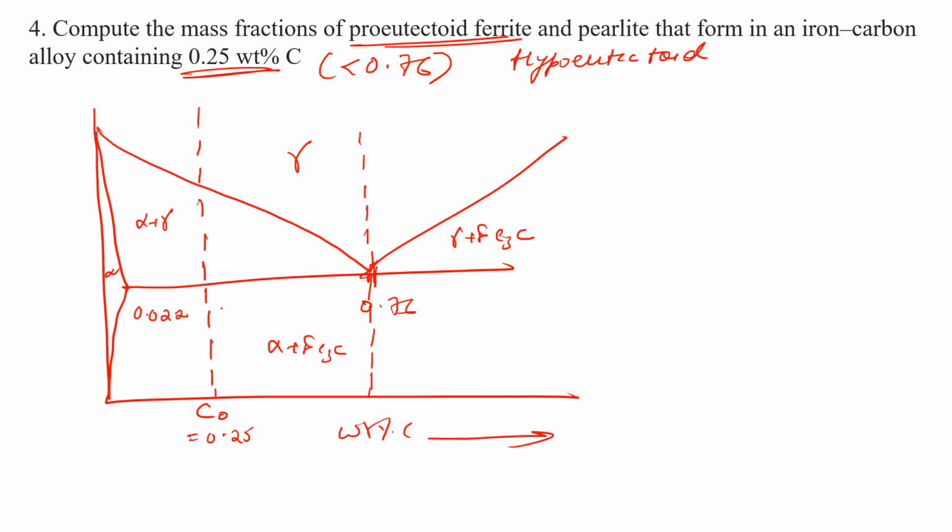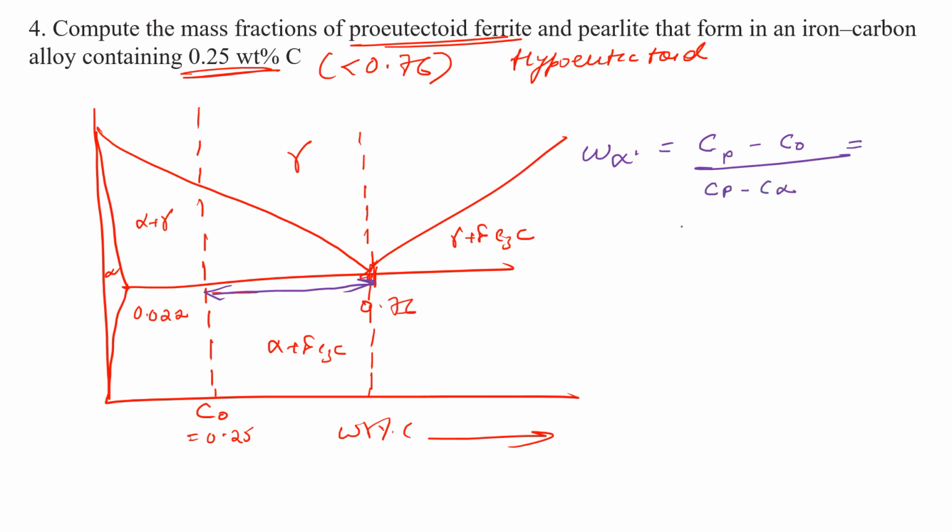If we just take this part, it will be Cp minus C naught divided by Cp minus C alpha.